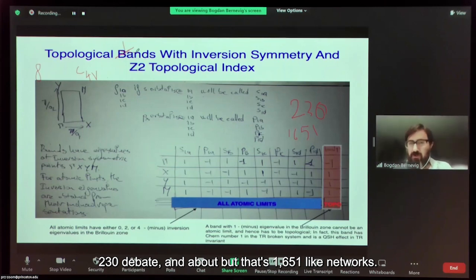So then all you need to do, the program goes on the same. All you need to do is induce a representation from these px and py orbitals on site. There are two-dimensional representation, but you know how to do representation induction.